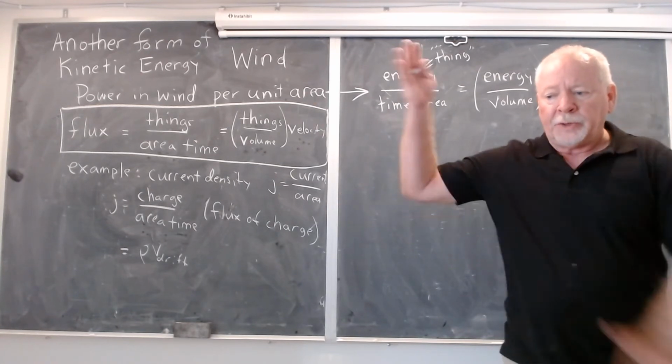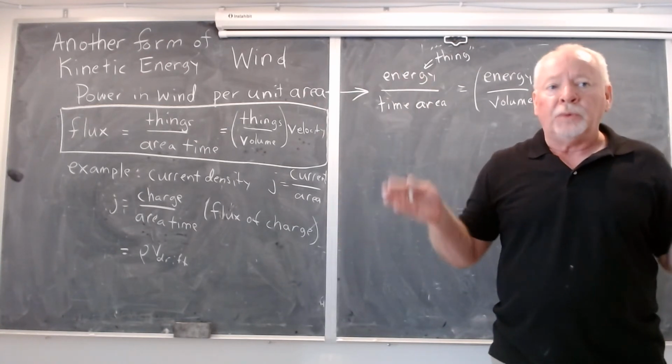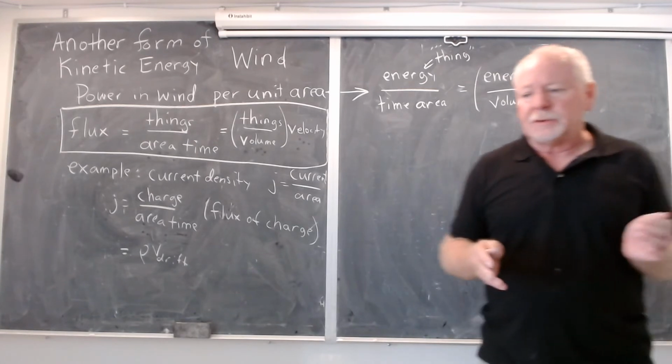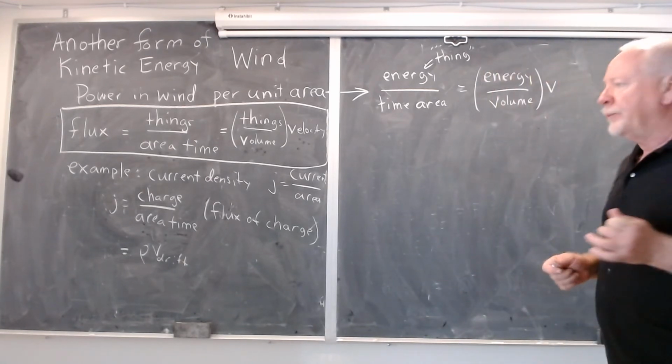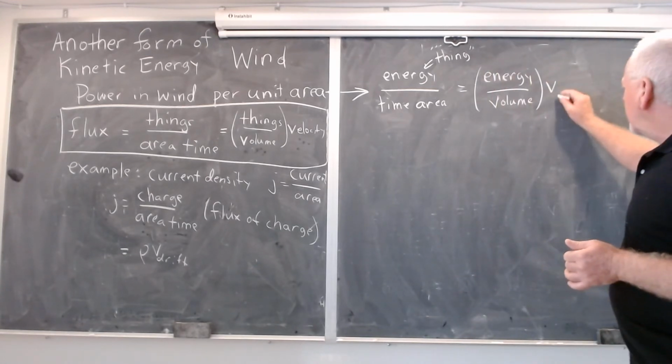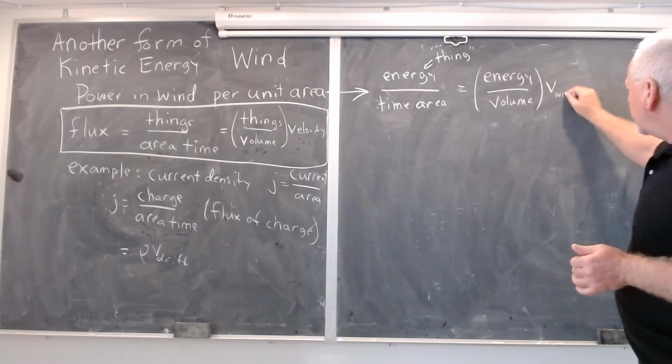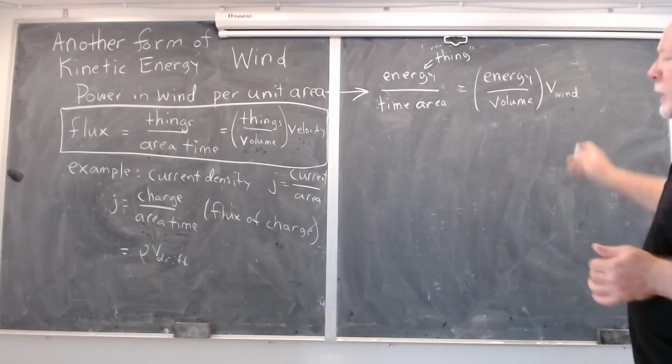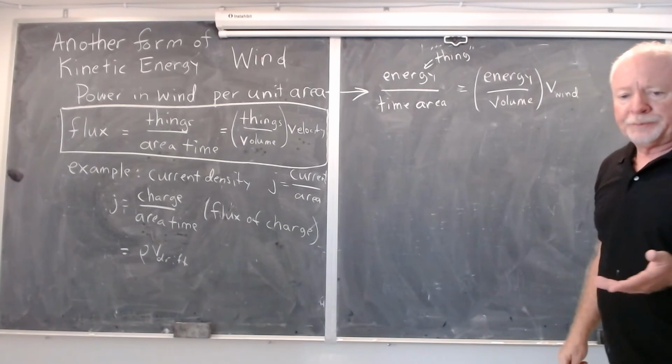It's just going in all directions. There's no wind, there's no average velocity in a certain direction. And so I'm going to write wind here, but you understand that that's the velocity I'm talking about.